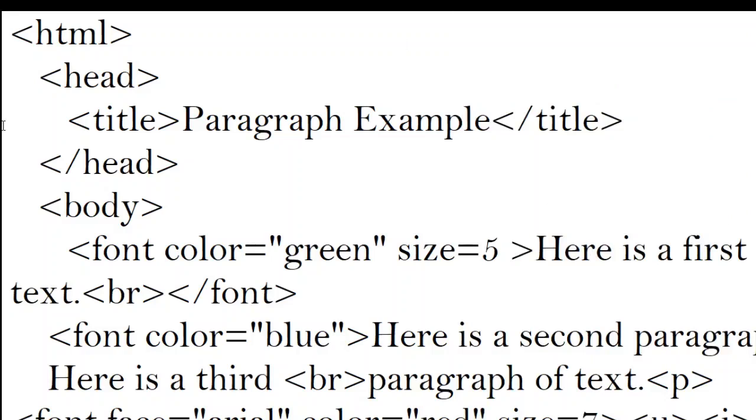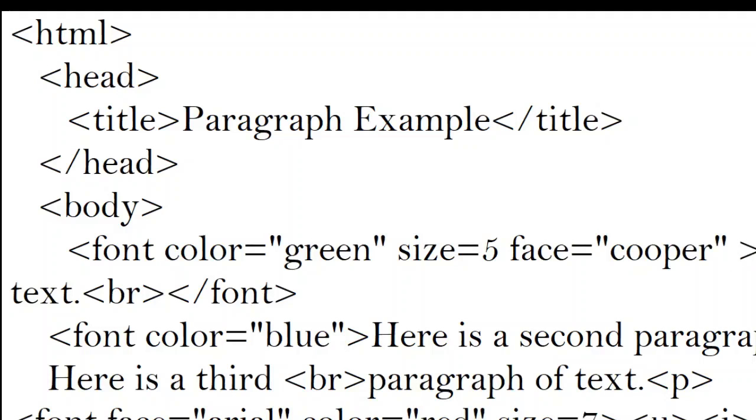So let's do the font face change of our text, and then you can click OK. For example, here is our first paragraph. This line we want in Copper face, then you can use font color is equal to green, size is equal to 5. After that write down face is equal to, and between inverted commas you can write down Copper. Then close the inverted comma.